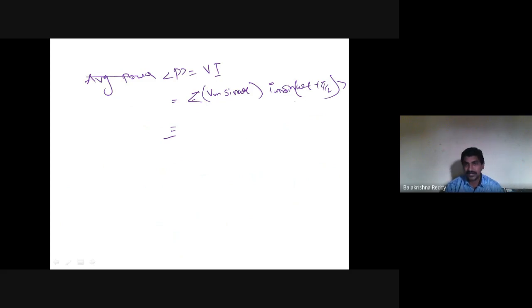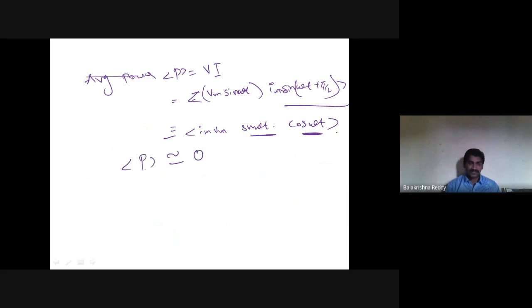Im sin omega t plus pi by 2, I can write as cos omega t. Then Im Vm into sin omega t into cos omega t. Then from this we have to write the formula. So the average power in the capacitor as well as the inductor is equal to 0, because over a complete cycle it is 0, as we have studied for sin 2 omega t or cos 2 omega t.